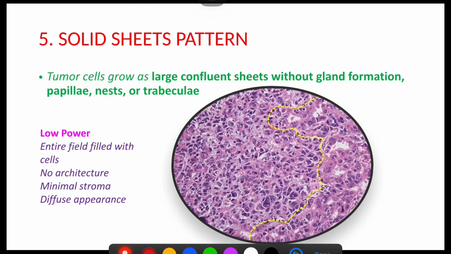So here you can identify this portion shows only a large area showing arrangement of cells. This is called solid sheet pattern. And here in this area you can identify glandular architecture which is having lumen. So here this is solid sheet pattern and this is glandular pattern.